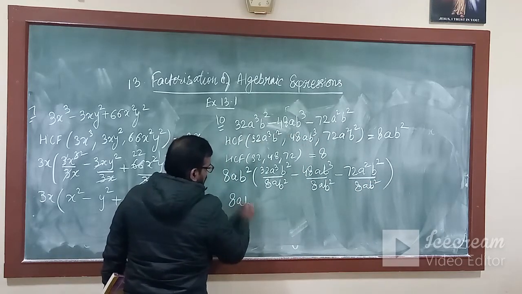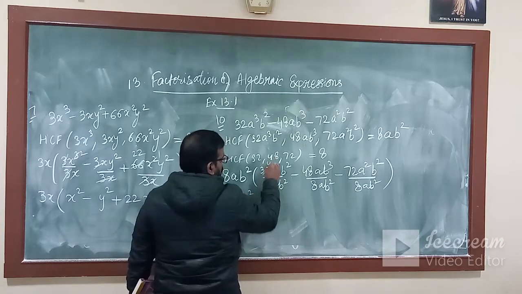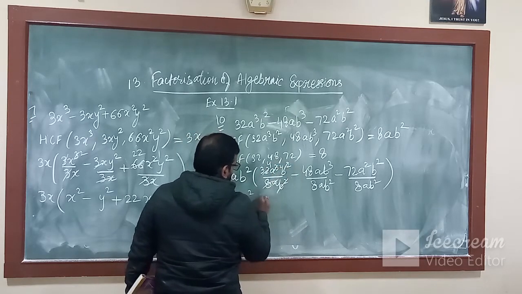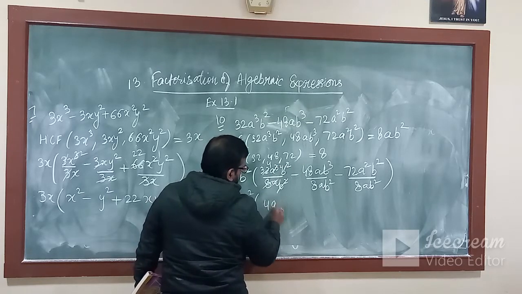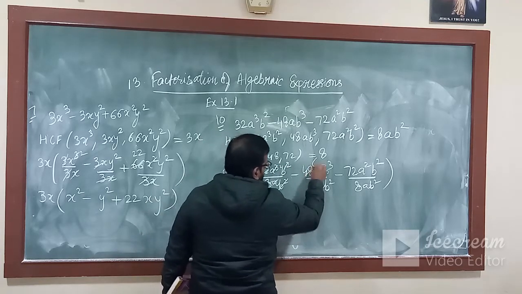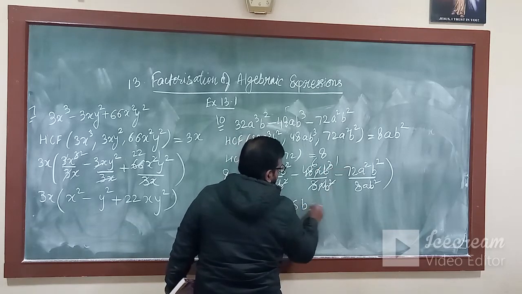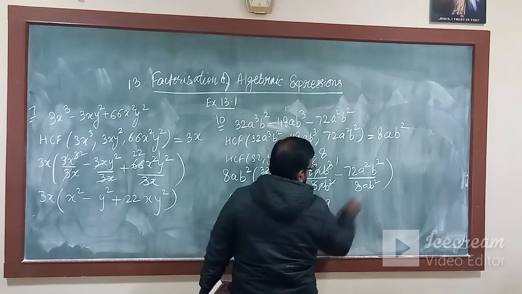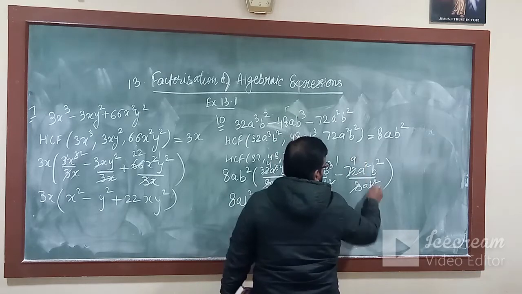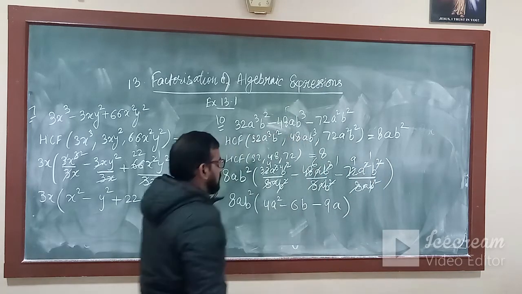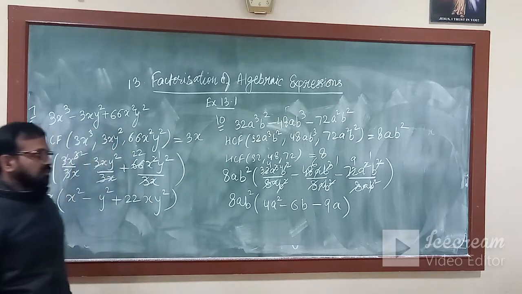So it is 8 into 4, then this b square cancels, 4a square, then 8 into 6, this a cancels and 1 power of b is left. Minus 8 into 9, then b square cancels, 1 power of a is remaining. So this is the factorization of this expression.